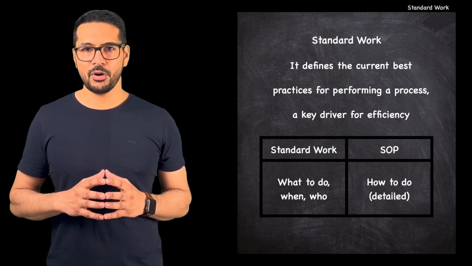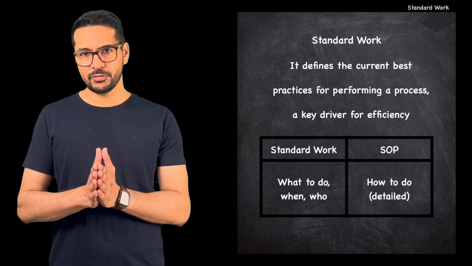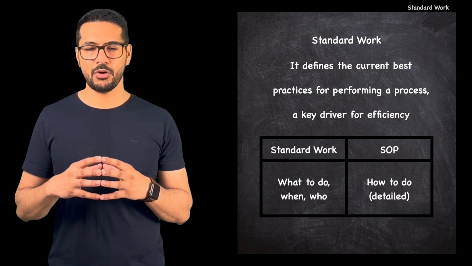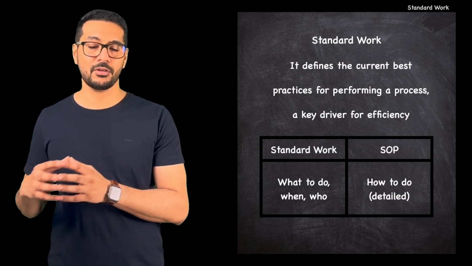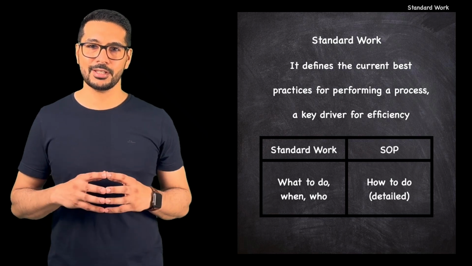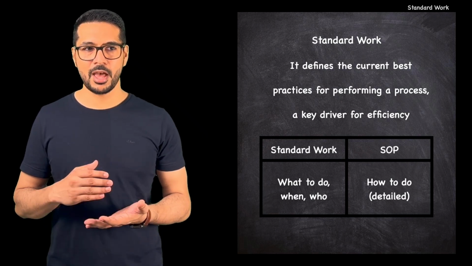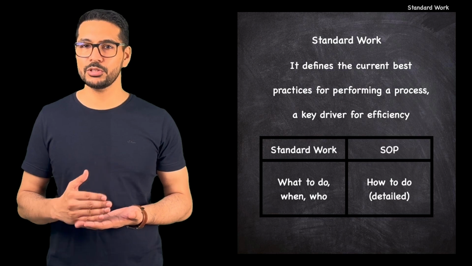In addition to that, because we are working in a standard way, the results, the quality for the customer department or the end customer, is consistent. The quality is consistent and the time spent is also consistent.